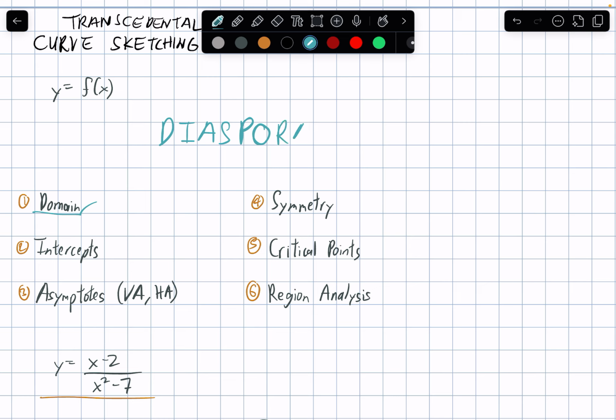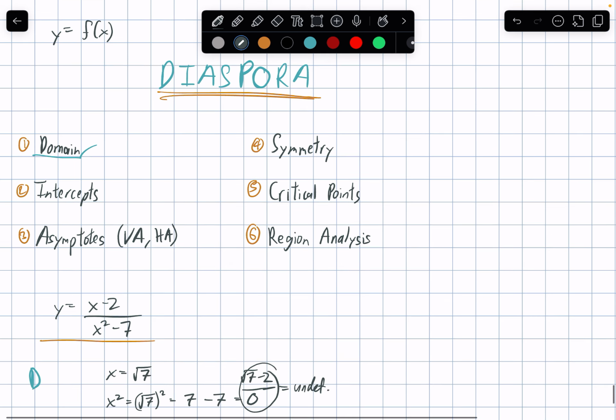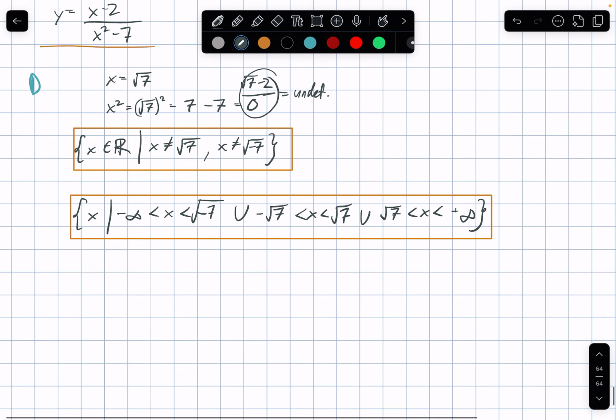And then for region analysis, RA. So we have the abbreviation DIASPORA. That's one way that can help you remember. You can make your own abbreviation, whatever helps you.